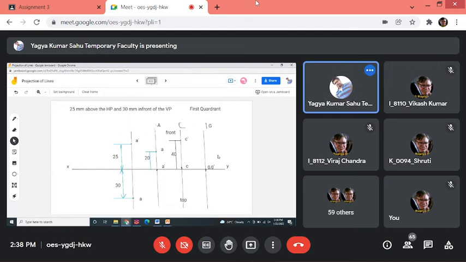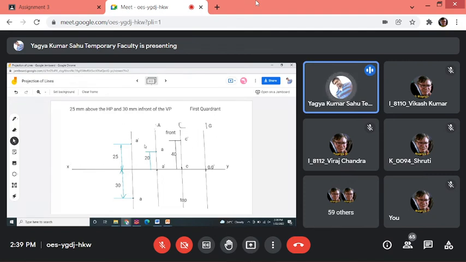See, in the first question, 25 mm above the HP means you get the front view 25 mm above the XY line.